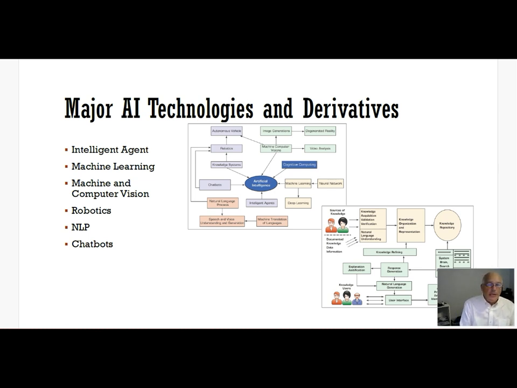Generally speaking, the classic definition is machine vision uses both computers and applications so it can see what's going on.